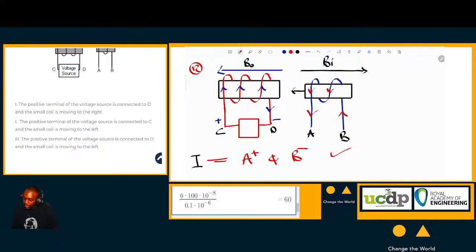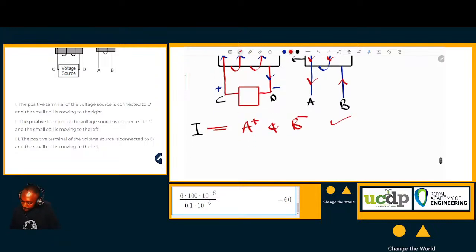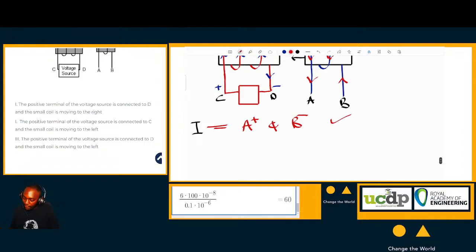Which means that if current is flowing from B to A, it means electrons are drifting from A to B. And if electrons are leaving A, then it means that they leave a positive charge at A and giving a negative charge at B. So which means that case 2 is also similar to what we have, and that is exactly what we want.